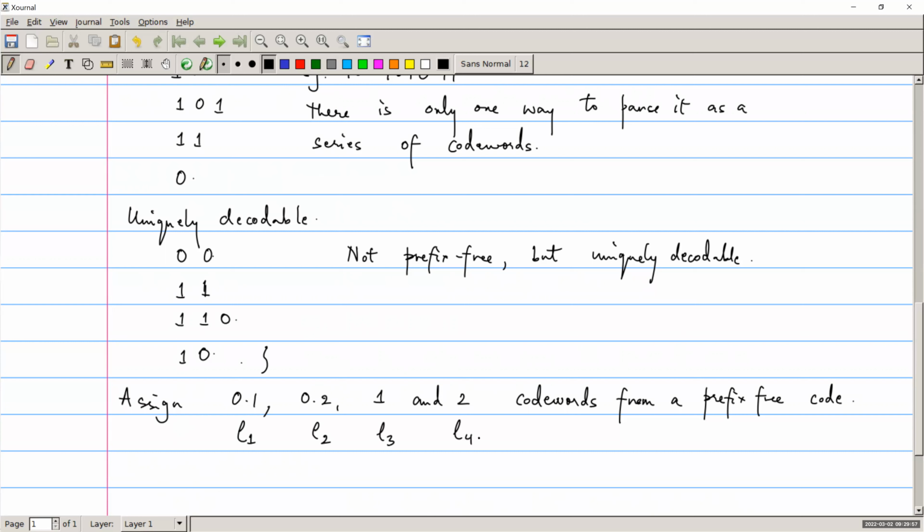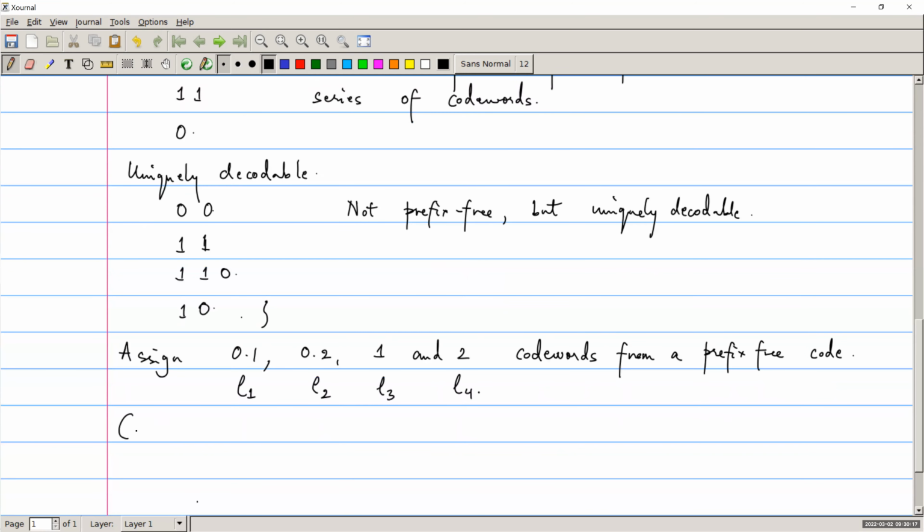Now we know that you can think of the codewords as leaves of a tree, and mathematically what it means is that 2 to the minus L1 plus 2 to the minus L2 plus 2 to the minus L3 plus 2 to the minus L4 must be less than or equal to 1. We saw this last class.